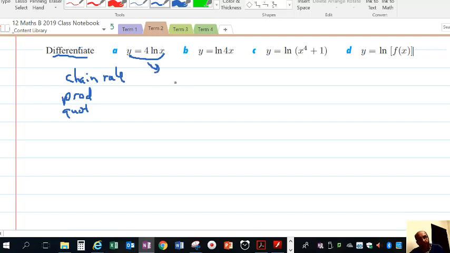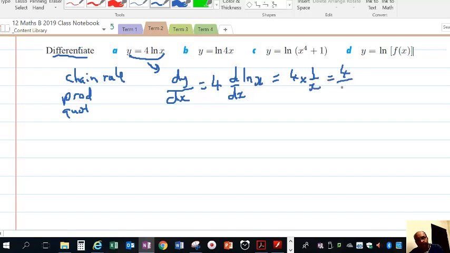We've seen that with polynomials. So for this one here, dy dx equals 4 times the derivative of log x. And that's 4 times 1 on x, which is 4 over x.